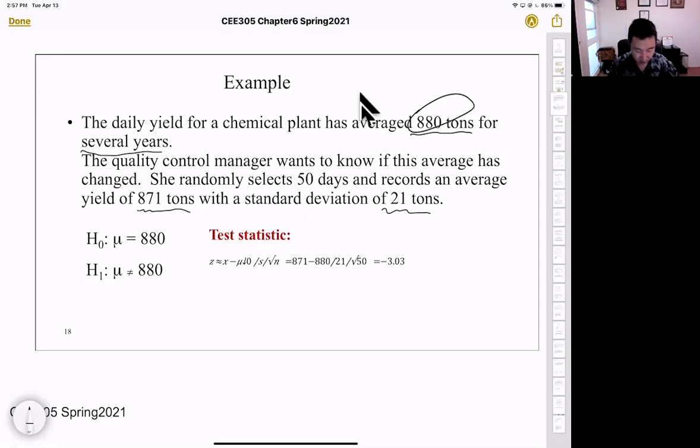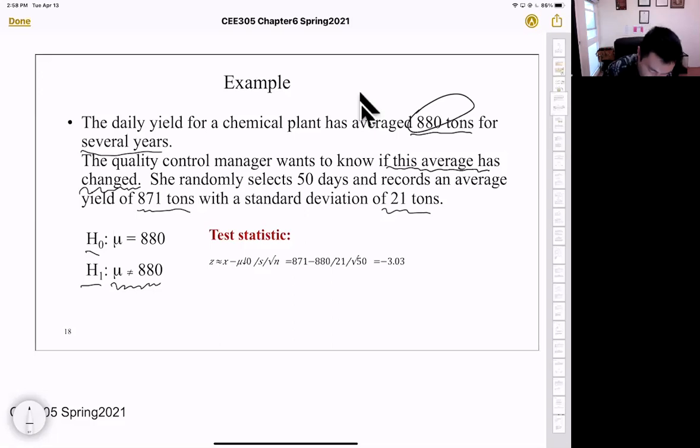Right. First of all, we need to set up the null hypothesis H0 and H1. Basically, we should first set up H1 as whatever the question is asking. The question wants to know if the average has changed. If the average changed, it means the population mean will not equal the old average, which is 880.